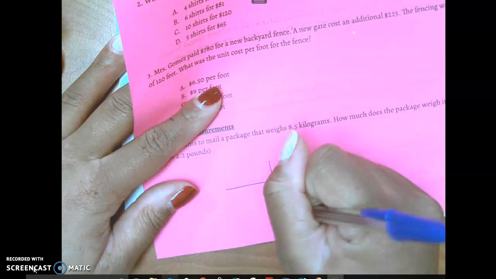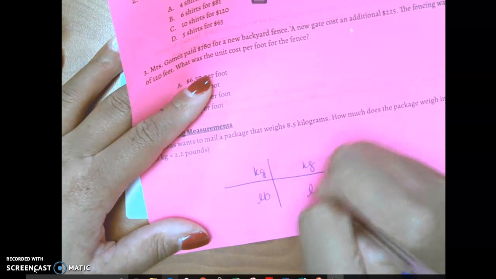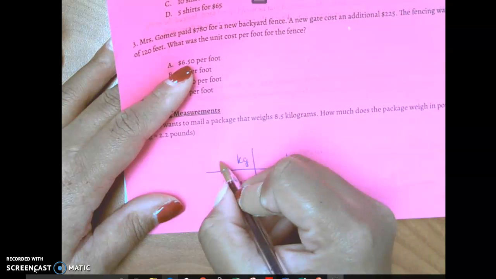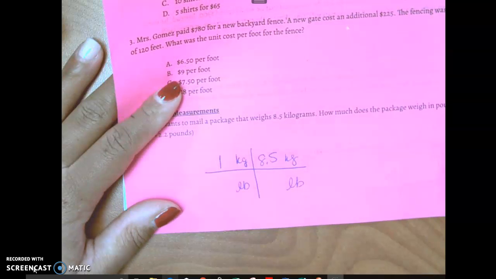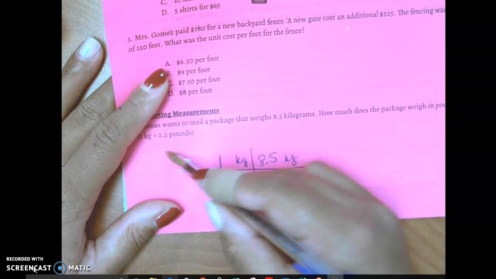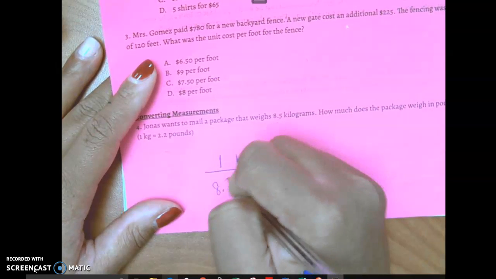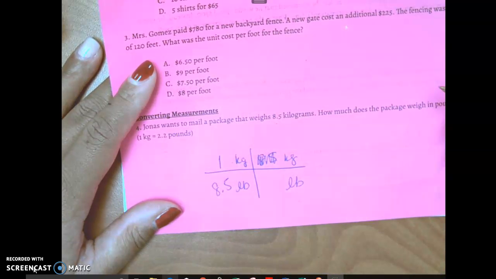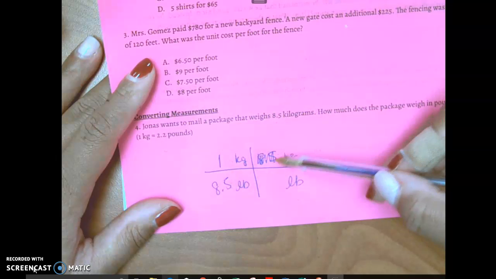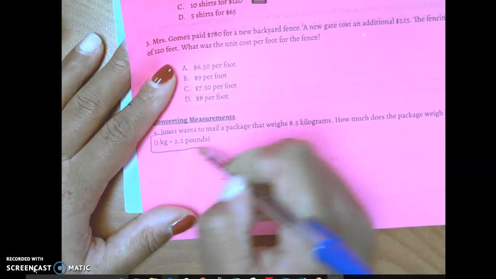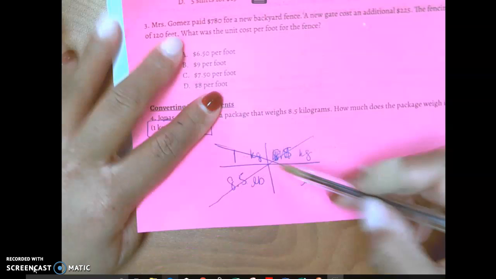When you make your proportion and you have kilograms and pounds, they put 1 kilogram is 8.5 pounds instead of 2.2 pounds. This is my conversion factor right here. So this is going to give me the wrong answer. I need to know what I'm putting where.